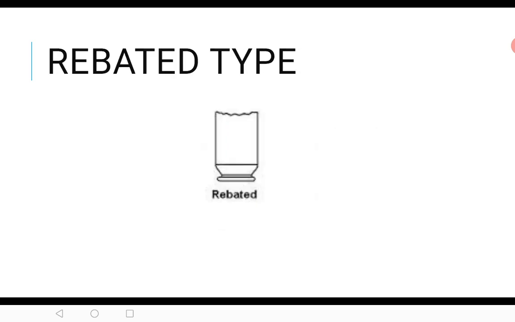Okay, next we have here rebated type. Okay, so when we say rebated type, yung diameter ng rim, smaller. Mas maliit siya, yung diameter ng rim, smaller, kesa sa body ng cartridge case. Ano ba itong body? Itong malaking, the larger part of the cartridge, ha? That's the body. Okay, the largest. Okay, so yung rim rebated, no, the diameter of the rim is mas maliit siya.